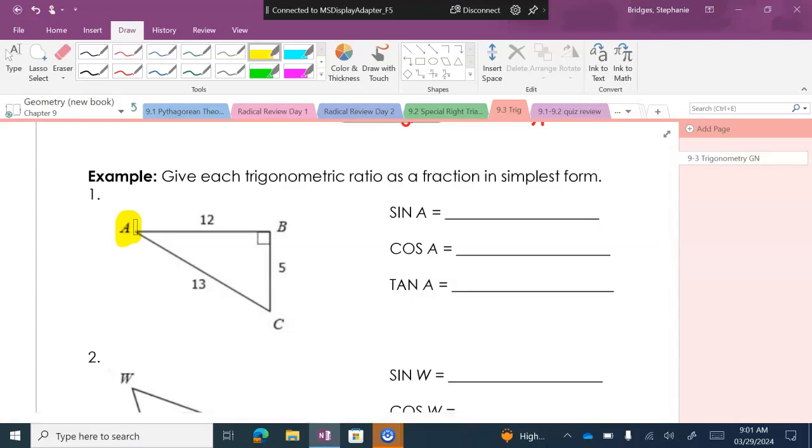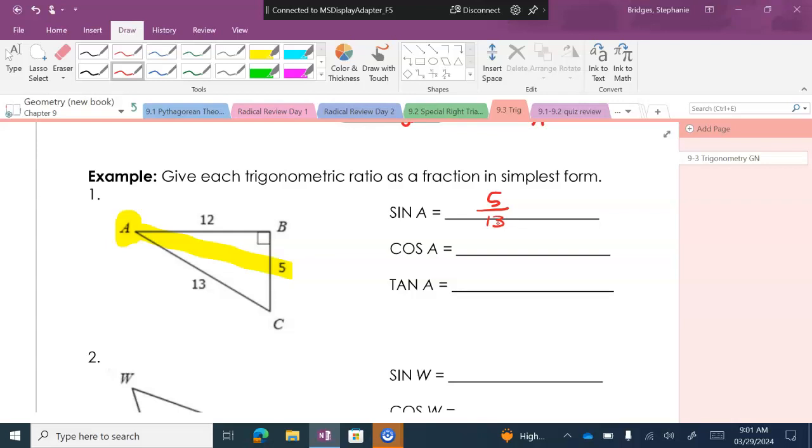What is the side length of the side that is directly across the triangle from angle A? 5. Okay, so that's going to go on the top. What is the length of my hypotenuse? 13. So my ratio for the sine of A is going to be 5 over 13. Can that reduce? Do 5 and 13 have anything in common? No.